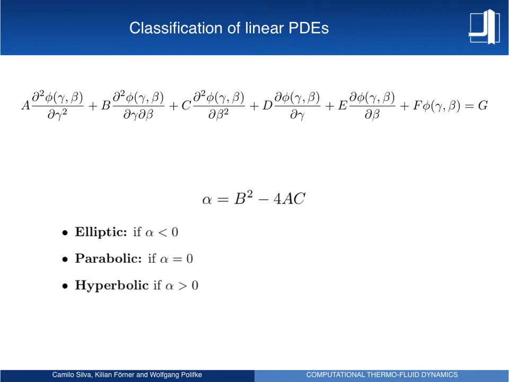Given these coefficients you have three types of equations: elliptic, parabolic, or hyperbolic, and each of these is treated in a different way, and this is what I want to show right now with the following example.